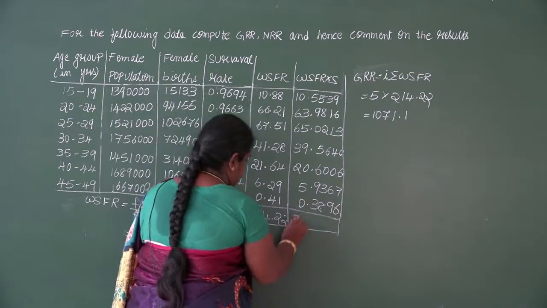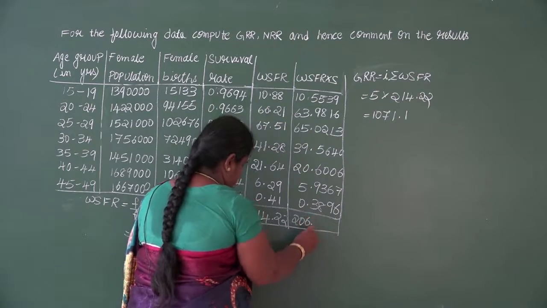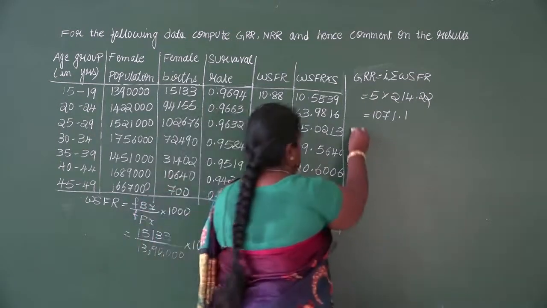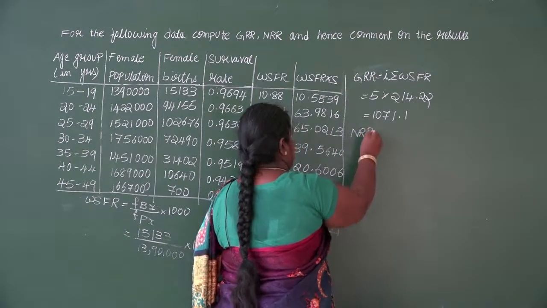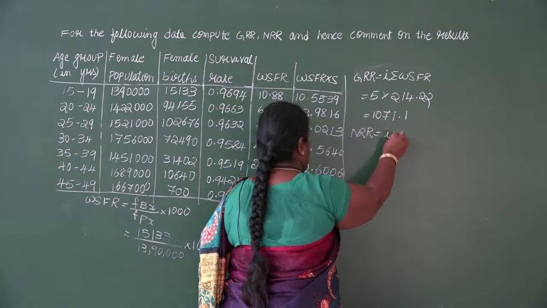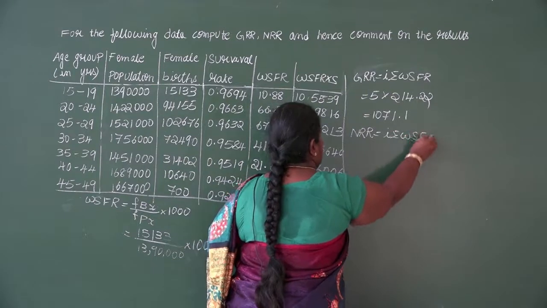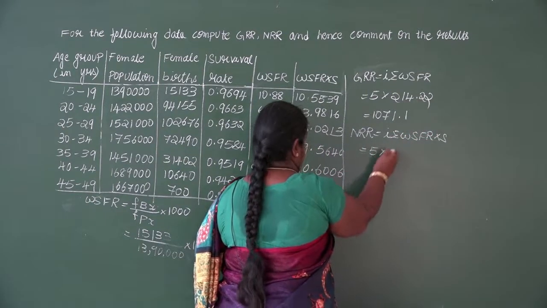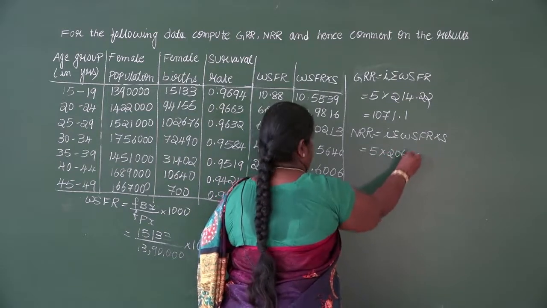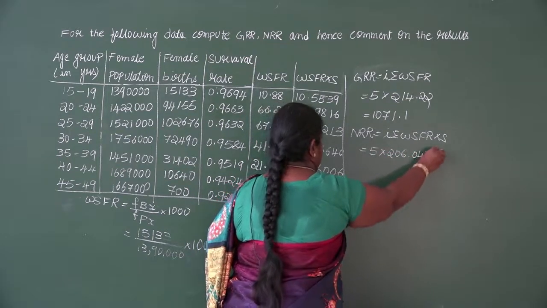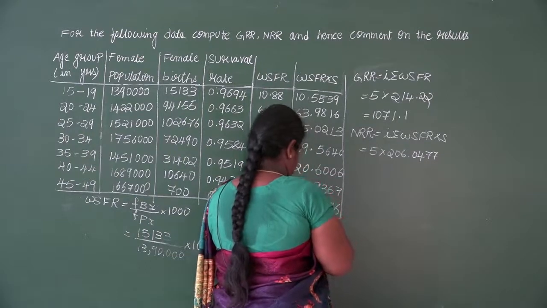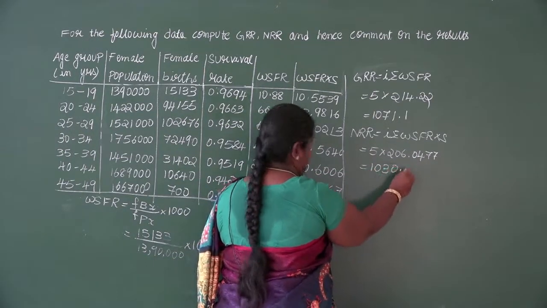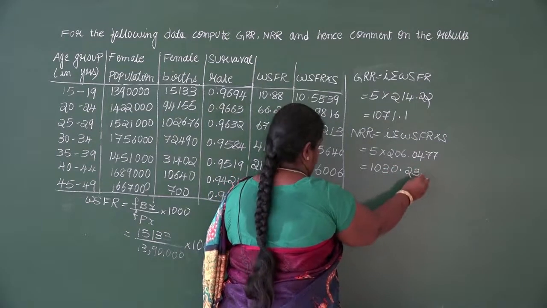When you add this, we'll get 206.0477. Then substitute in NRR: write the formula and substitute. It is i sigma WSFR into S. So 5 into 206.0477. It is 1030.2385.